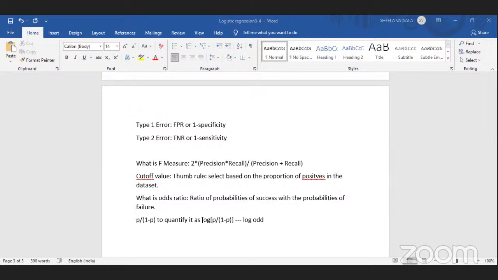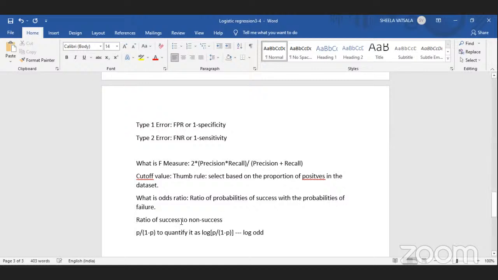So here the odds reflect the likelihood that the event will occur. Okay, it can be seen as a ratio of success to non-success. Here I have mentioned ratio of success or failure.